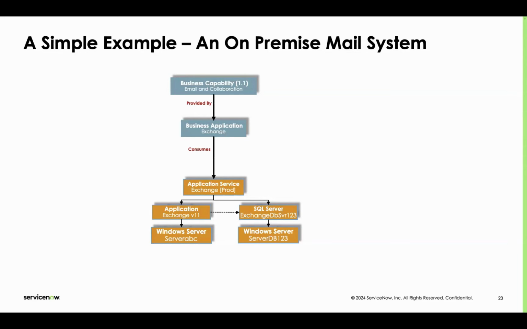I also have a deployment of SQL Server out there running on another Windows server that supports that application service. This is as simple a model as you can get. It doesn't include technical services, business services. This is the core APM CSDM model. Business application is tied to operations, everything in orange, by that consumes line.